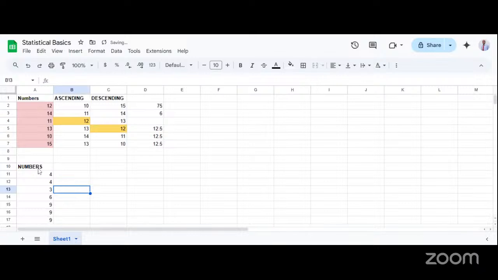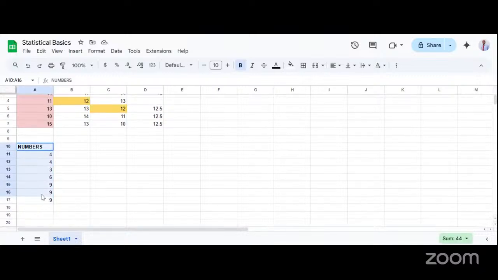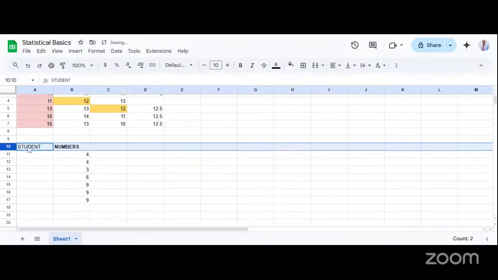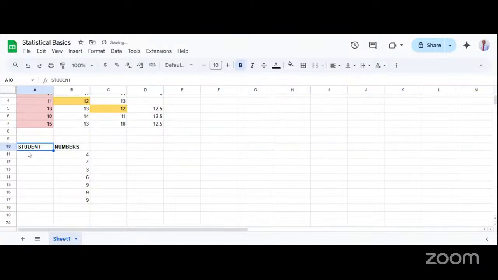Let me make this more practical. Let's assume that this were the scores for students in a test. So students wrote the test, then this were their score.